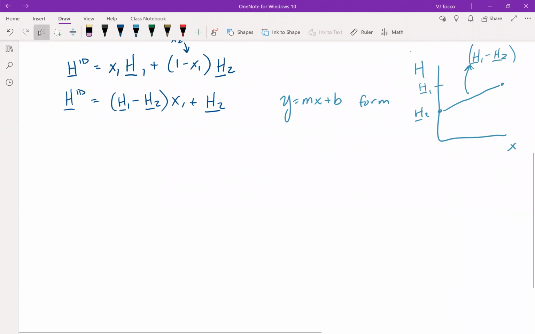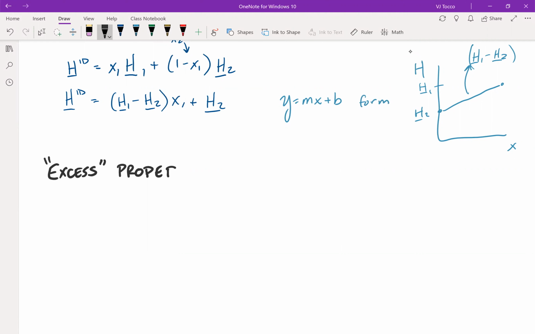So from there, I introduced the concept of an excess property. And excess properties are the deviation between the actual property and what you would imagine if the solution were ideal. So this is the difference between actual versus ideal. Oh, I'm sorry, I'm going to say real here, keep my terminology consistent.